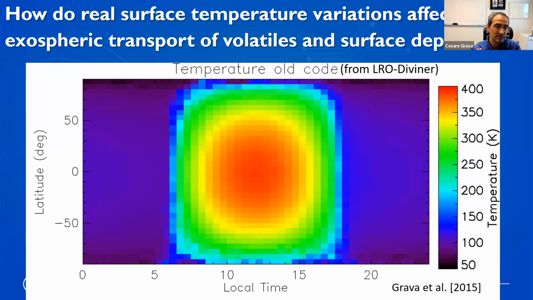This is a map of the model I was using for the other argon paper. It is taken from the Diviner measurements, but with a model to fill all the gaps. You can see a pretty coarse resolution, but apart from the resolution, the map is the same. So I had my code in local time, basically.